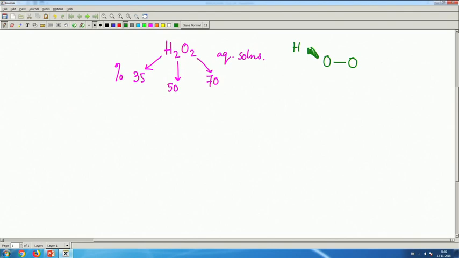Because it has a typical shape like this, and it can give rise to, if we take out 2H plus, O2 2 minus, which is the peroxide anion.